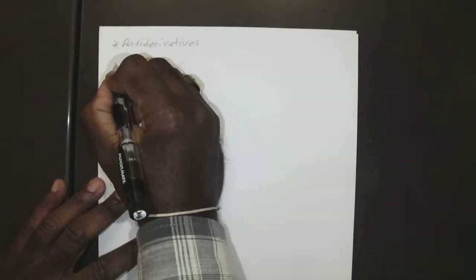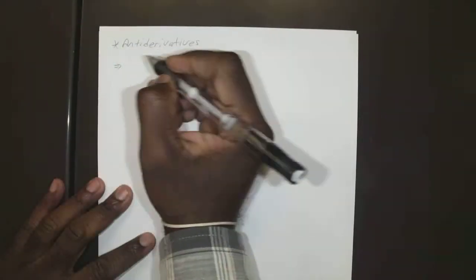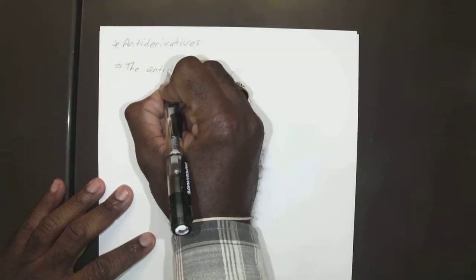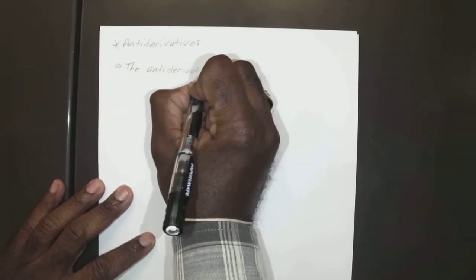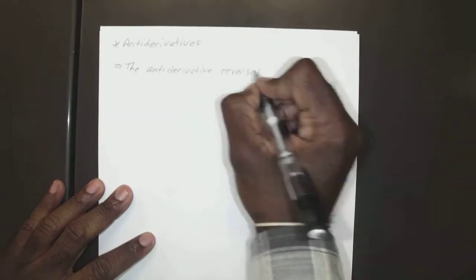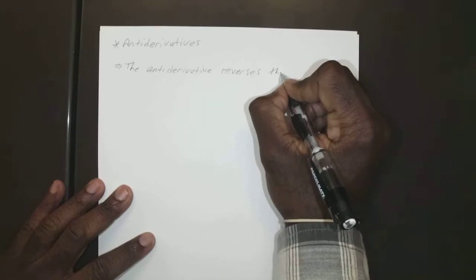Which is just like the name says, it undoes all of the derivatives. Antiderivative reverses the derivative.